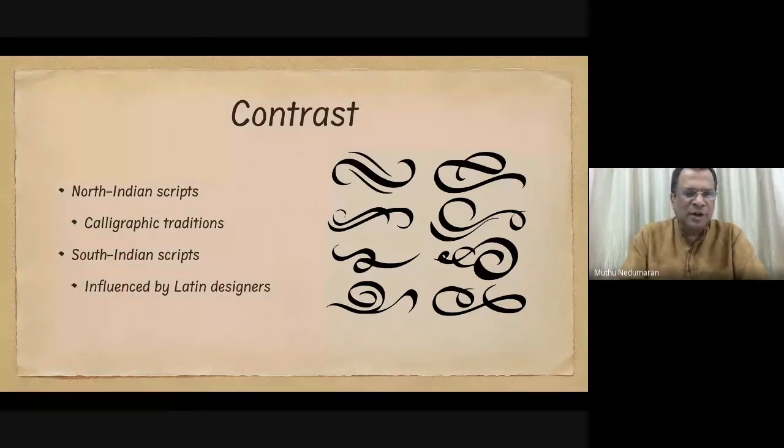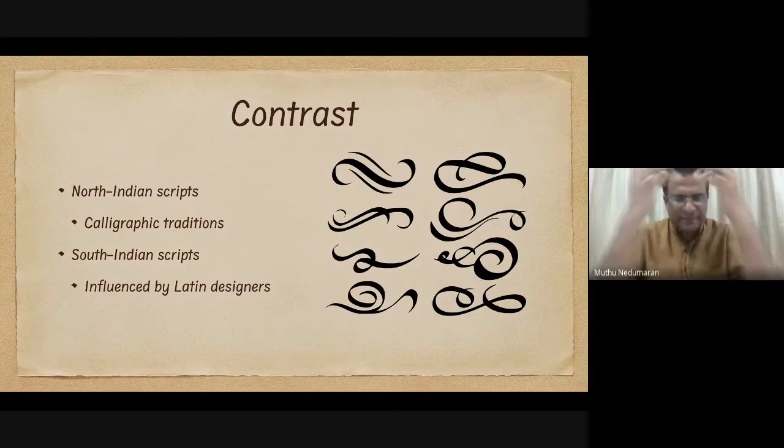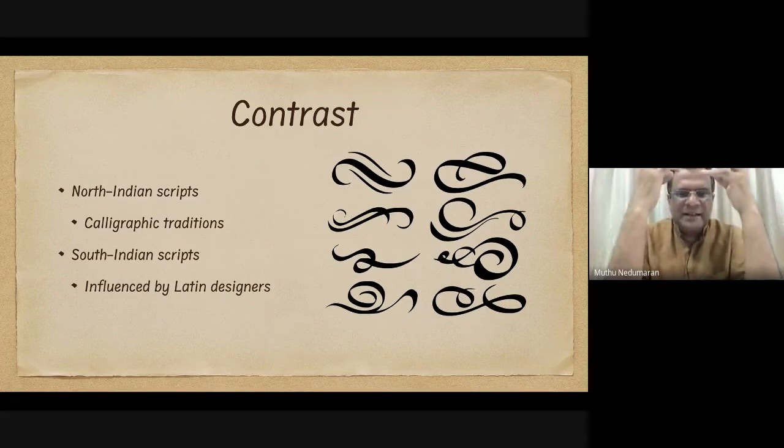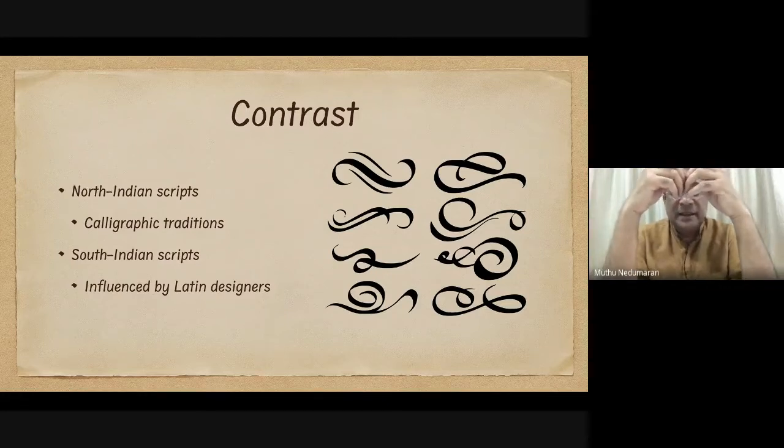If you look at a modern Tamil book or a modern Malayalam book that's printed with a lot of body text, you see that the text has some contrast, where one stroke will be thin, one stroke will be thick. How did this come about? Though the South Indians did not have a calligraphic tradition, the first letter forms were actually cut on metal in the West.